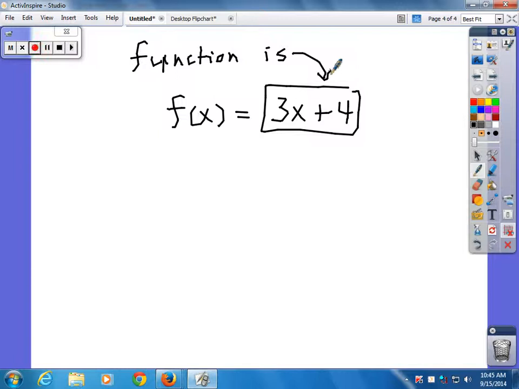It's a collection of terms, just like your expressions are. This says y is equal to 3x plus 4. Nothing spectacular. Now, where do y'all have trouble? Y'all have trouble when we start doing things with functions.